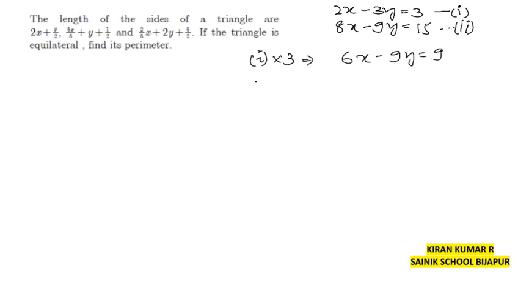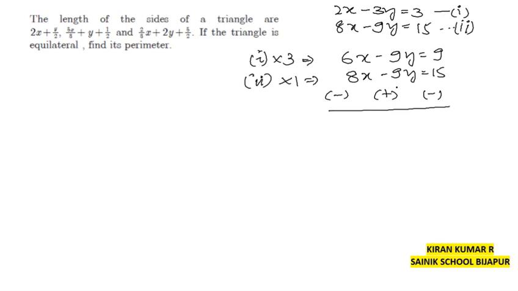And the second equation I'll write as it is, so 8x minus 9y equal to 15. Now let me subtract, so I'm changing the sign and adding them. I'll be getting negative 2x equal to, this gets cancelled, 15 minus 9 is 6. Here we get negative 6.